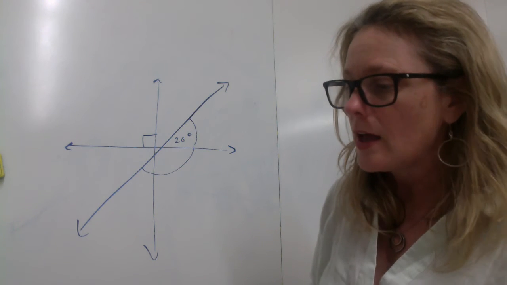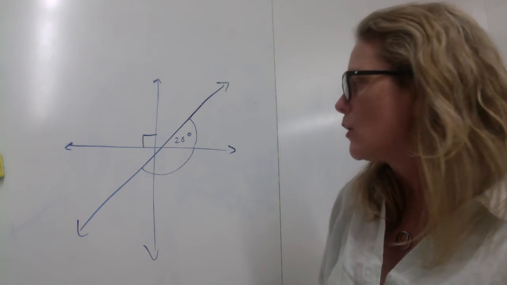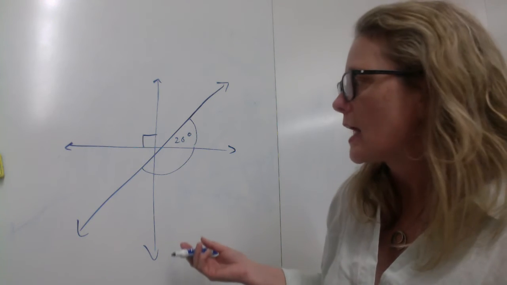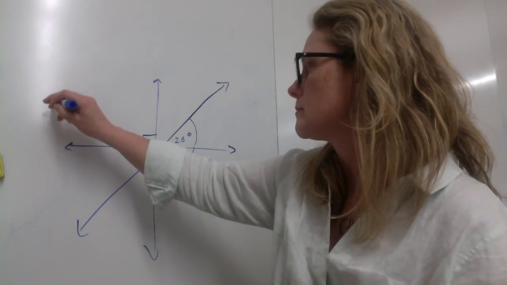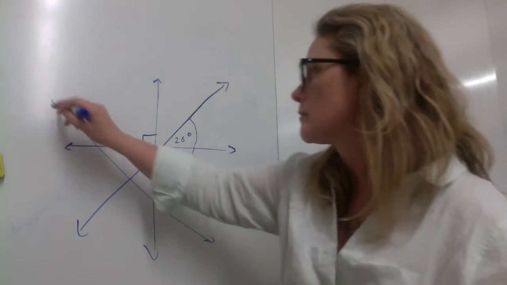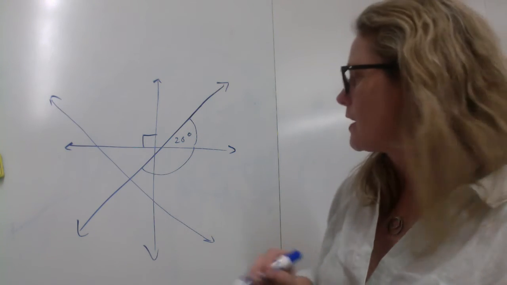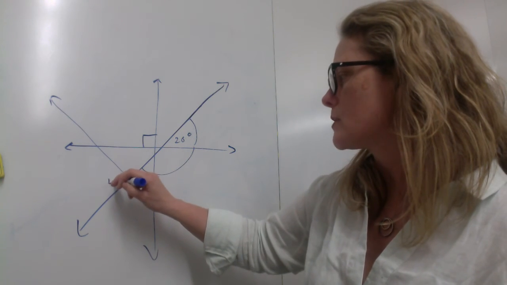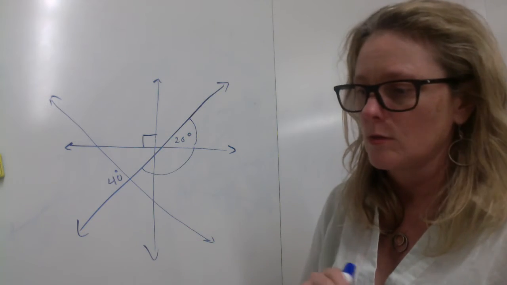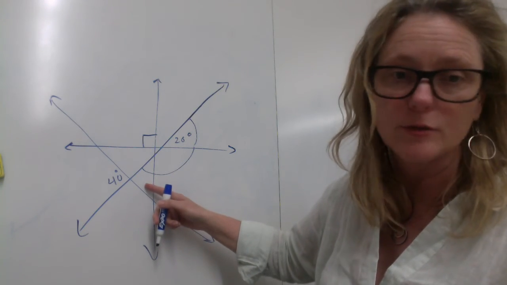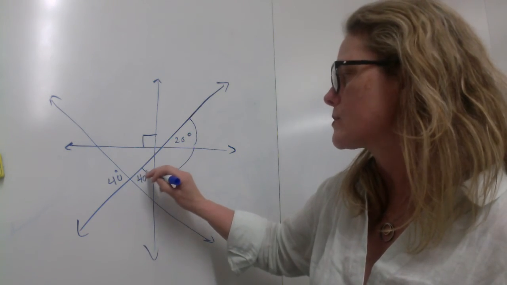What if I went ahead and drew another line down here? If I said that this angle was 40 degrees, well then this angle over here would have to be 40 degrees.